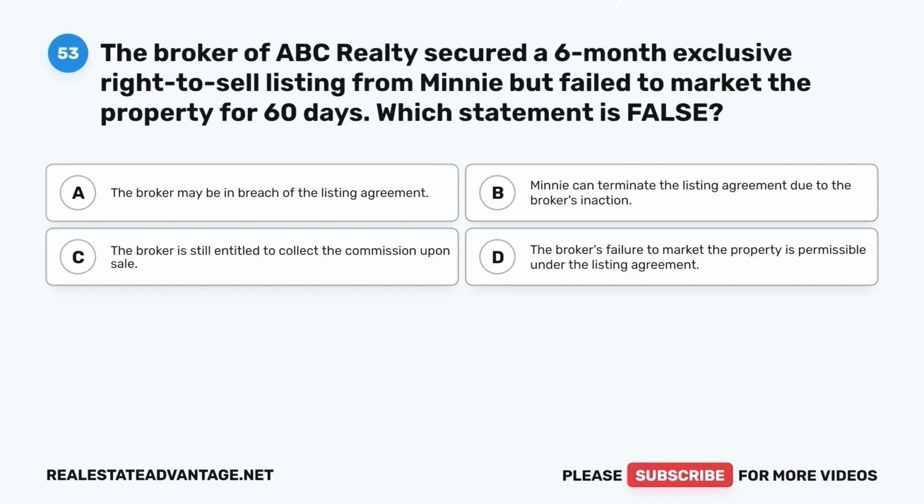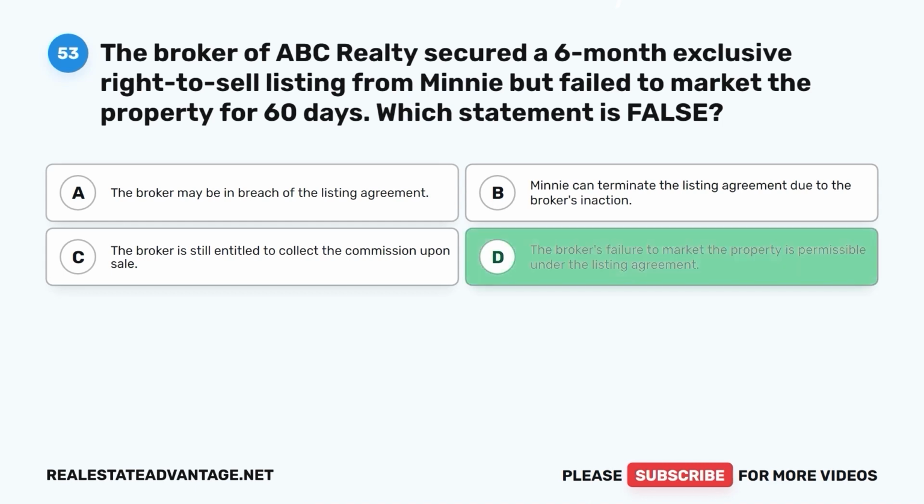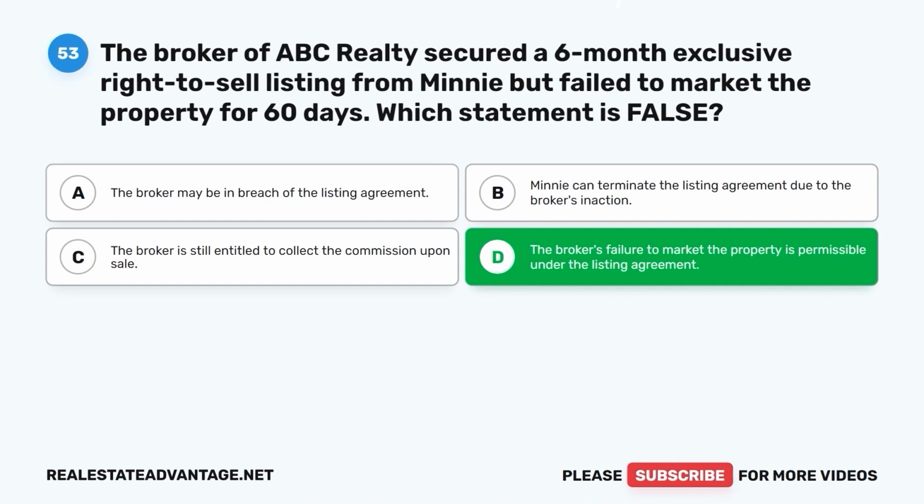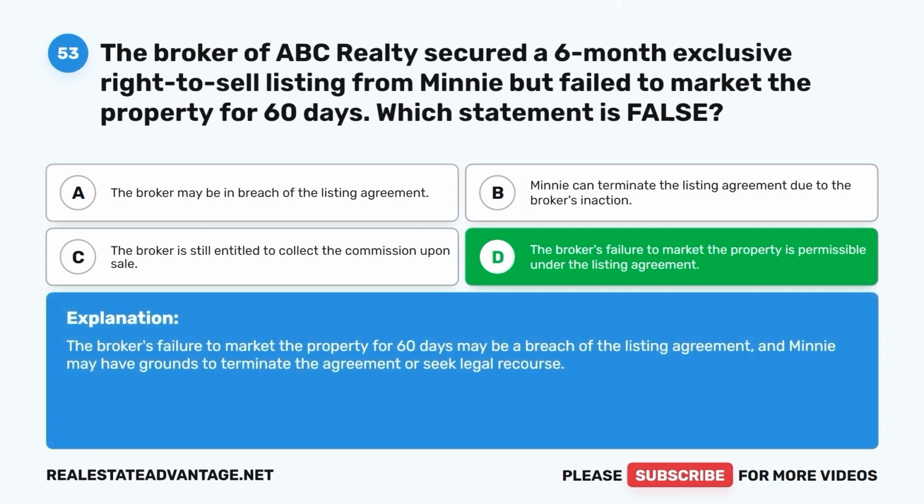D. The broker's failure to market the property is permissible under the listing agreement. The correct answer is D. The broker's failure to market the property is permissible under the listing agreement. The broker's failure to market the property for 60 days may be a breach of the listing agreement, and Minnie may have grounds to terminate the agreement or seek legal recourse.